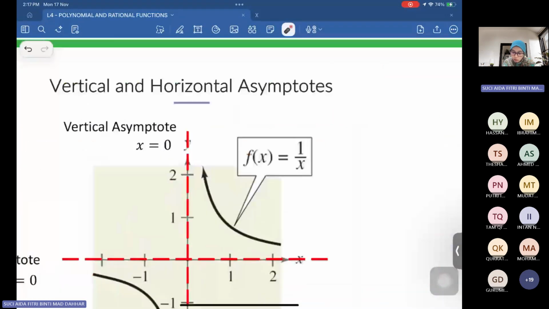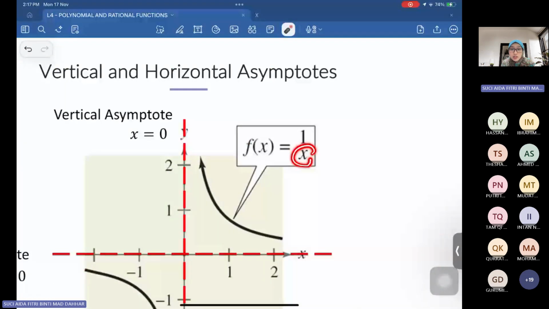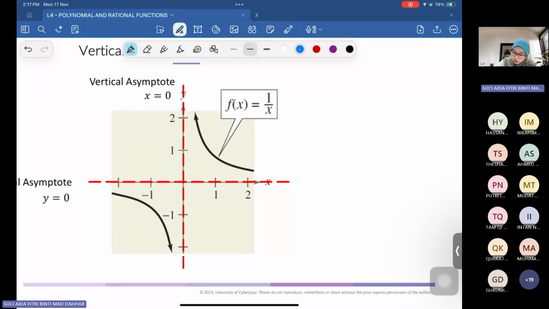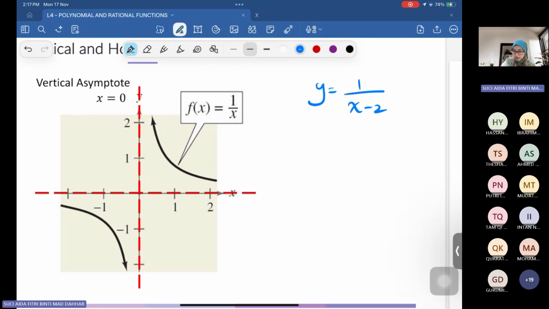Just like before, for 1 over x, this is actually following the same rule. By taking x equals 0, that's how you get x equals 0 as your vertical asymptote. What if I change my function to y equals 1 over x minus 2, for example?